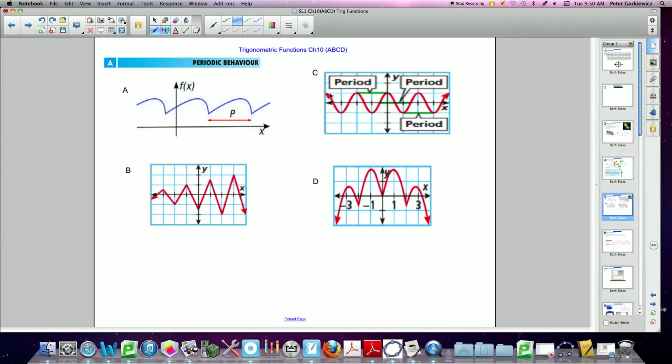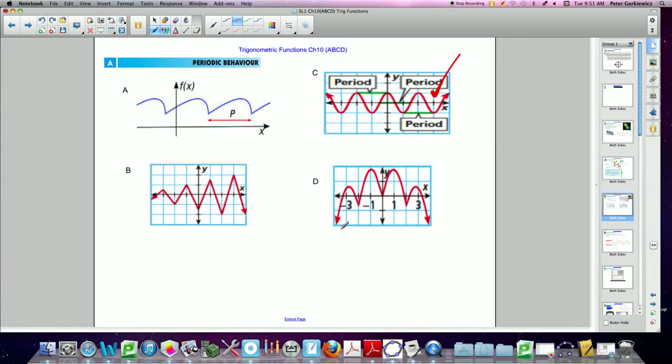Cool? Great. All right, so periodic behavior just means repeating behavior. This is what we typically think of when we think of repeating behavior, just nice curving up and down. It's really easy to see the repeating pattern, so this works out. That's repeating behavior. This guy, it's sort of repeating. It's definitely symmetrical across this axis, but because this is changing and going down, I'm not really sure what's happening here, right?